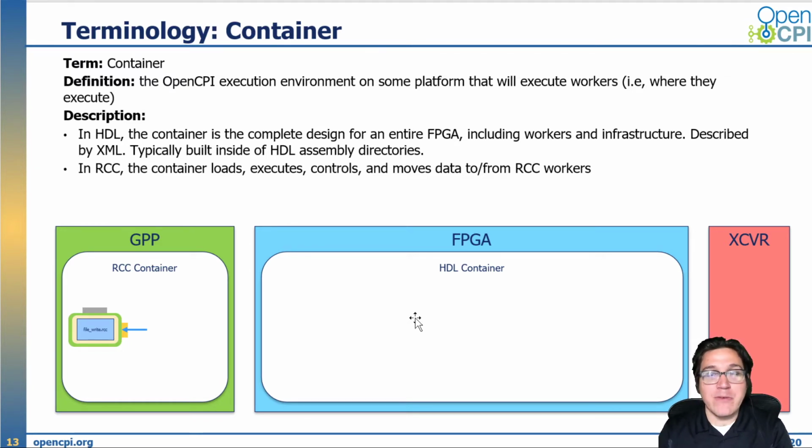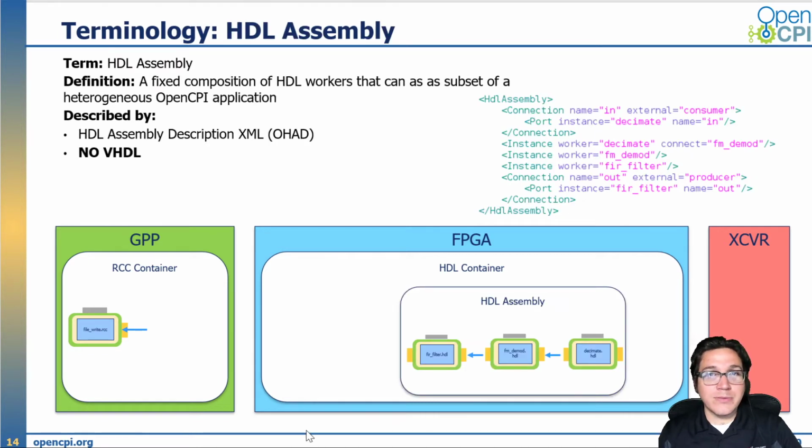And it's the job of the platform developer to enable the execution of workers on there. There are several layers within the container on the FPGA side that are needed to accomplish this. The first one is an HDL assembly. An HDL assembly is a set of workers that are connected, similar to an application.